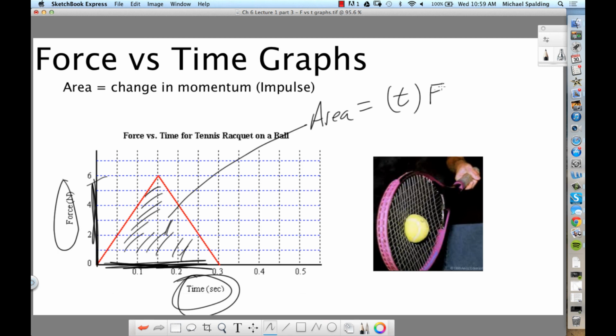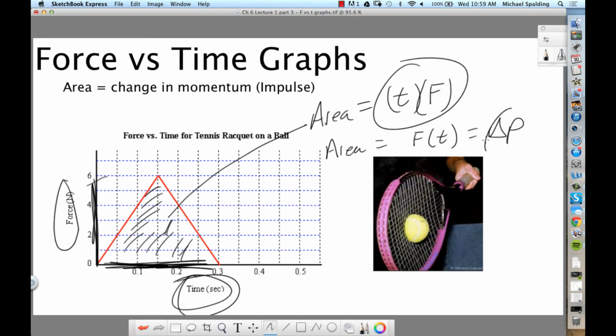We're looking at what's being plotted on the x and on the y. What do you get if you multiply time by force? Just look at your notes from a minute ago, and let me write it a different way. Area equals force multiplied by time. What is that? That's the change of momentum.